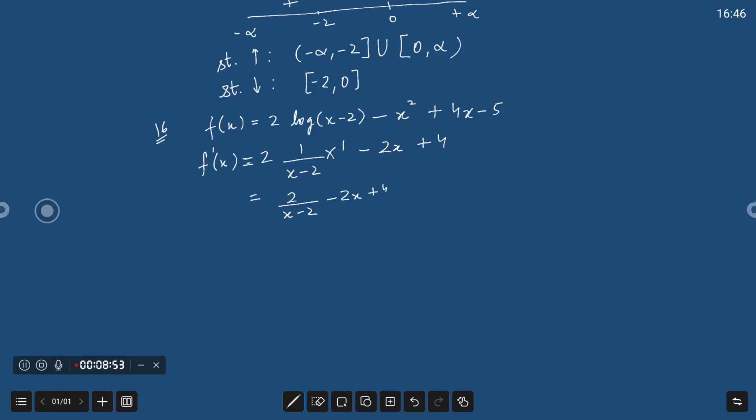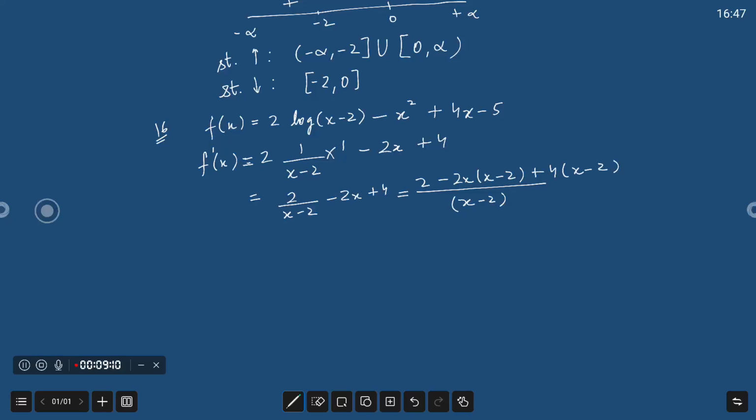Now you take the LCM and then we'll try to make the denominator a perfect square. So let's first take the LCM. If you take the LCM, numerator will be what? Minus 2x into x minus 2 plus 4 into x minus 2, plus 2.